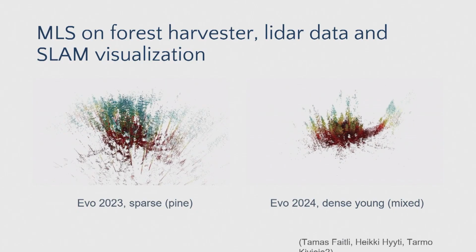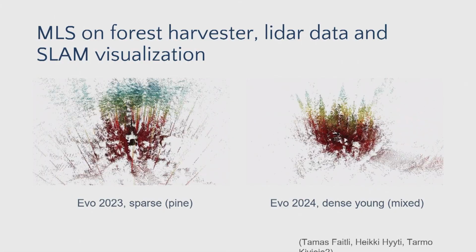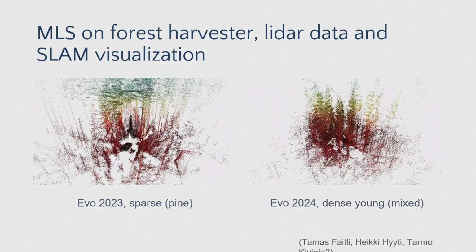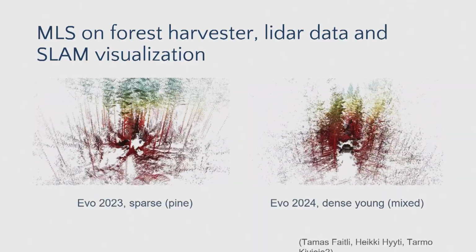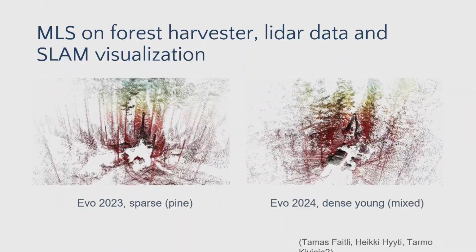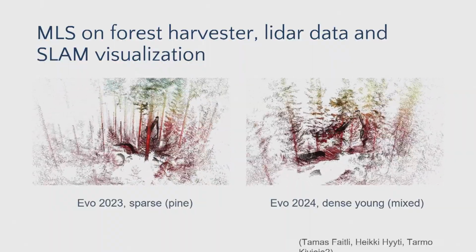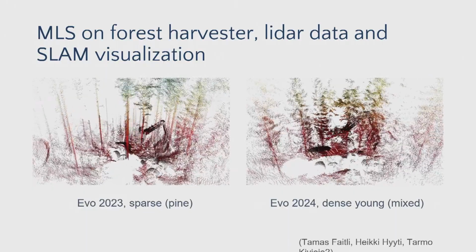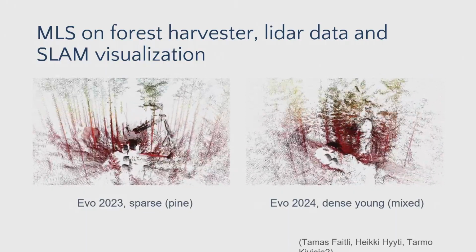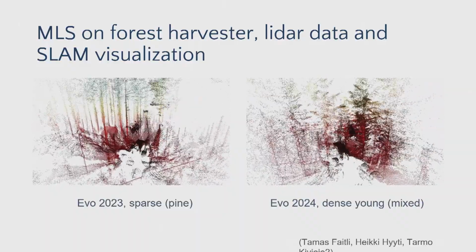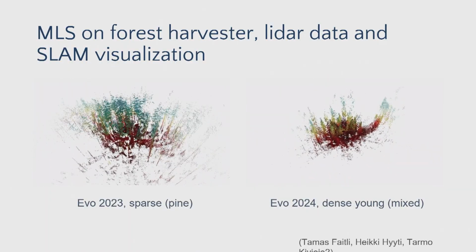But if you look at this sparse forest and dense forest, you can see immediately in the sparse forest that you see all of the trees in the surrounding. In dense forest, you have problems seeing the trees even after 10 meters. We have been especially analyzing how well you see the trees within 15 meters from the boom of the harvester, because that is the boom range typically.